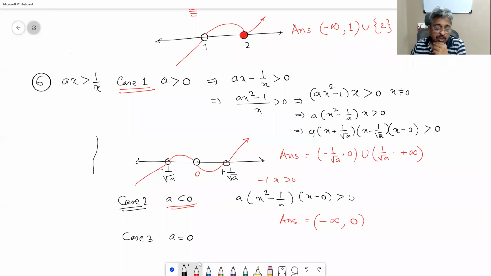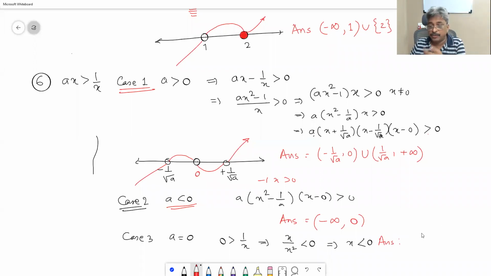So we are solving 0 is greater than 1 upon x, which is x upon x square is less than 0, which is x less than 0. So the answer is x less than 0. Same solution set, minus infinity comma 0. We could have included equality over here.